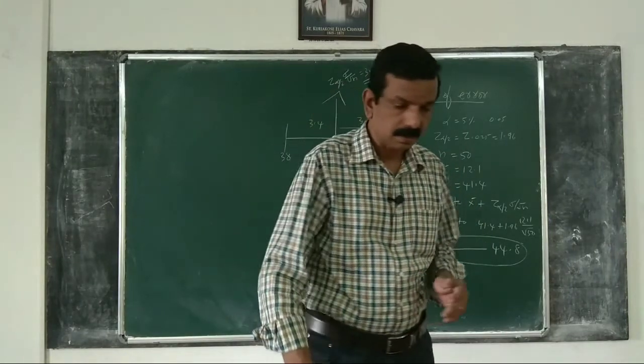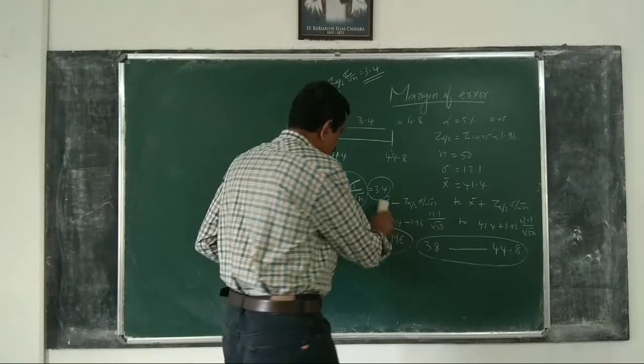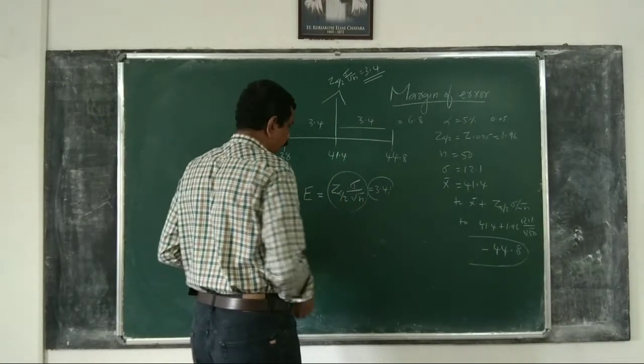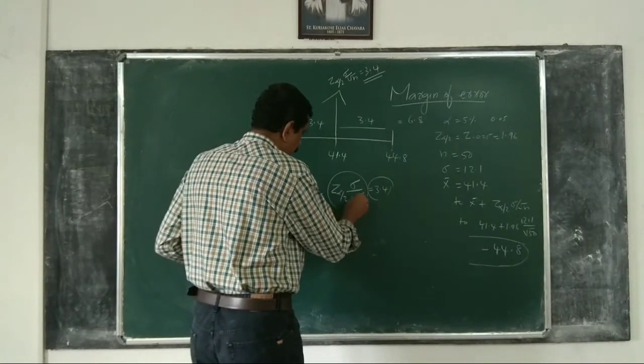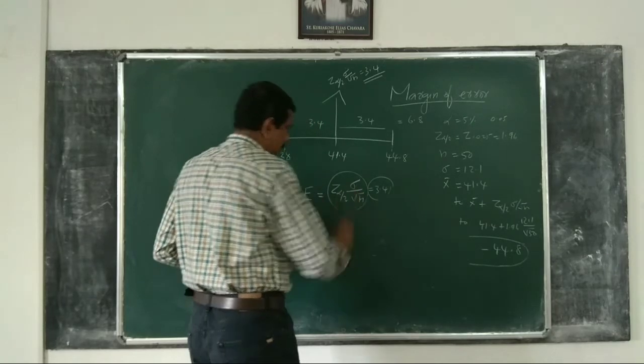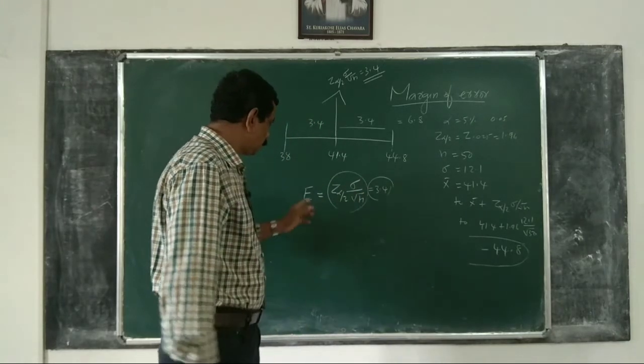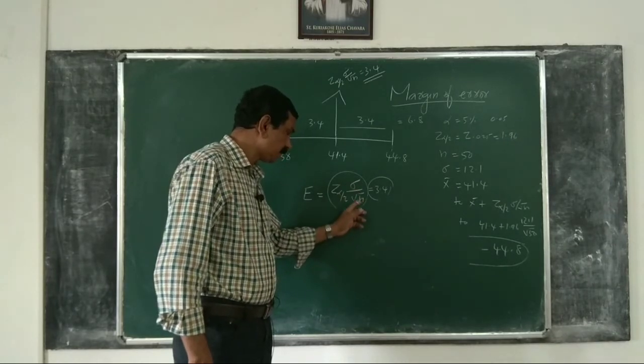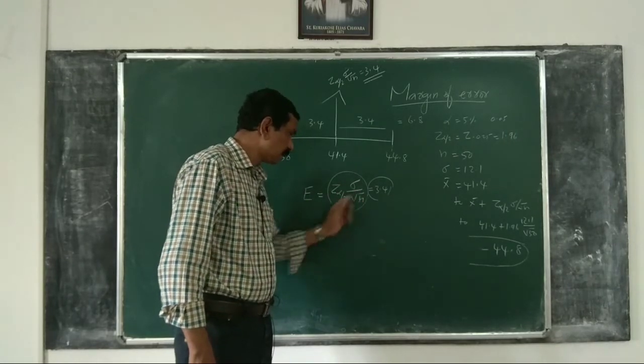Now, as you can see, the margin of error is given by the formula, and n is the sample size. As you can see, n appears in the denominator of the equation for margin of error.